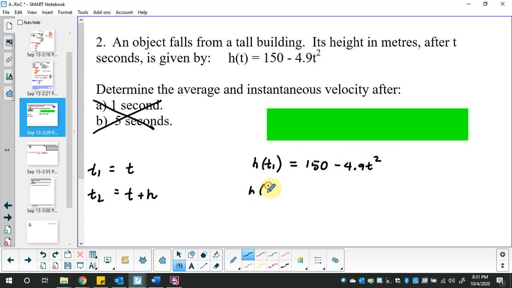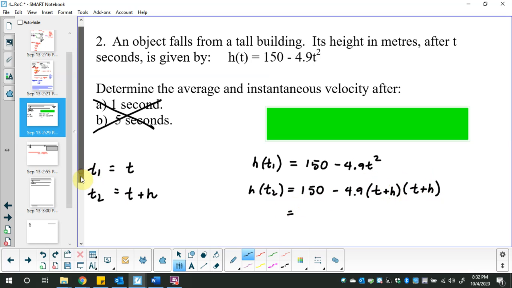And unfortunately, here's where the work comes in. I have to take all my T's and turn them into T plus H's. And remember that that little 2 says, please write me down twice and FOIL.